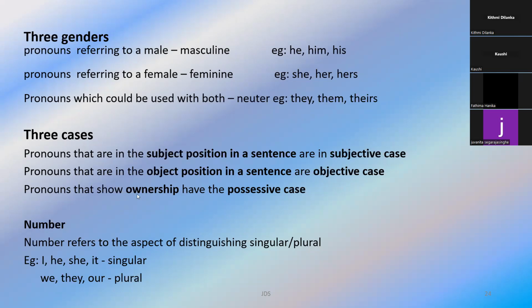And then the ownership, if they indicate ownership, possessive case. Then the number indicating singular, plural. Pronouns that indicate the singular, that is I, he, it, and all. And then the pronouns that indicate plurality.